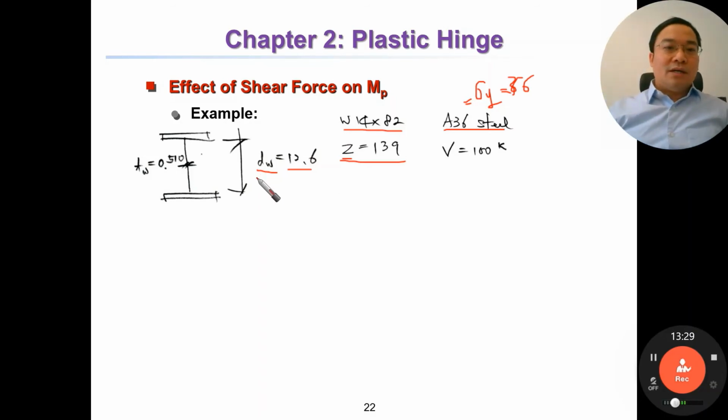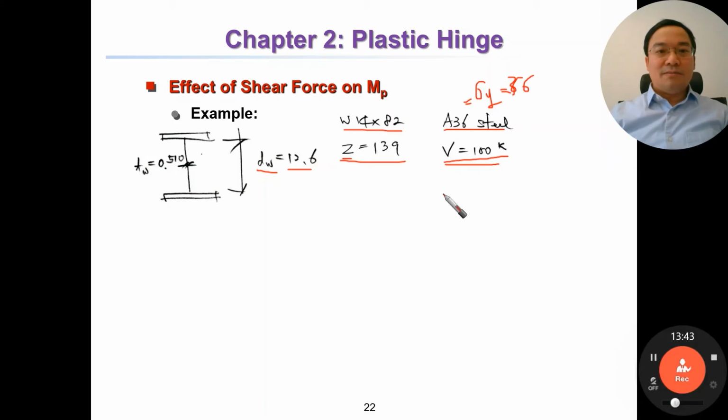Then you can calculate Aw, right? And the shear force is V equal to 100 kips. Okay, it is shear force. So please calculate Mps. What is Mps of this section?